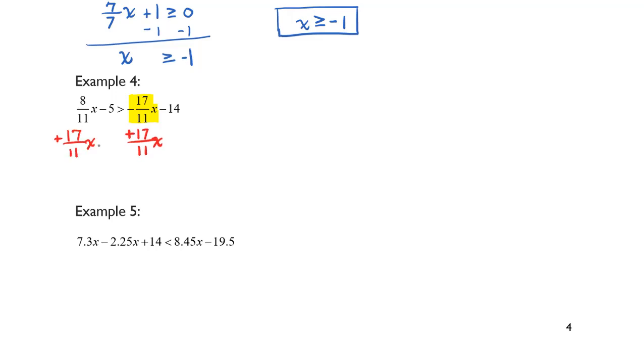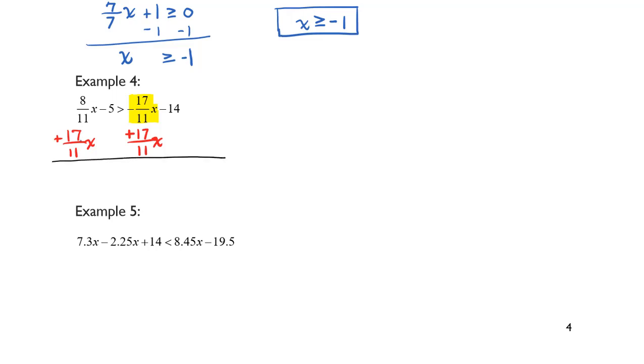And you might be wondering, Sarah, why didn't you just get rid of the 11 in the denominator first? And I totally could have done that. The reason I am not, just like example 3, was because the denominators match. And so that's helpful when we're trying to combine fractions.